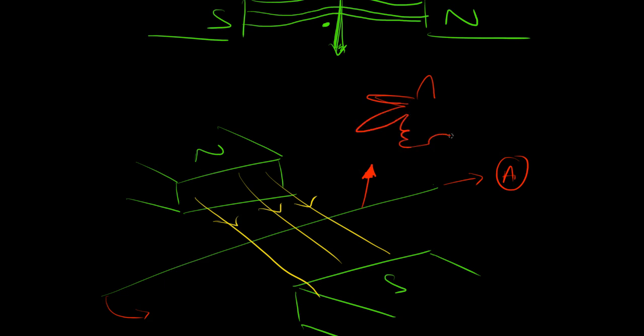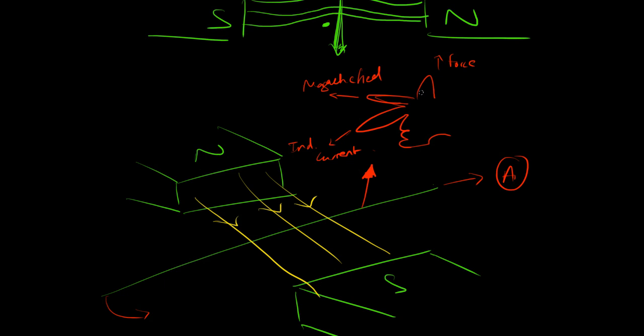Your thumb represents the direction in which we move the wire, the first finger represents the magnetic field again, and the second finger represents the current. This is known as Fleming's right-hand rule, for the induced current.